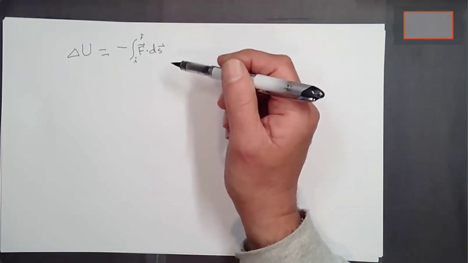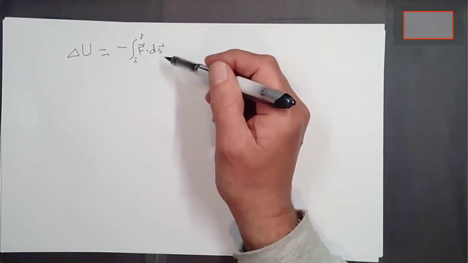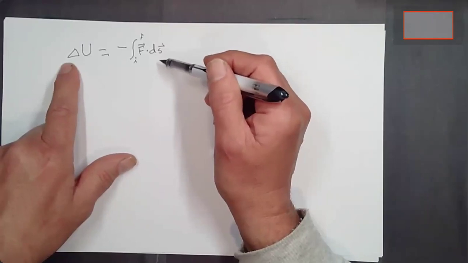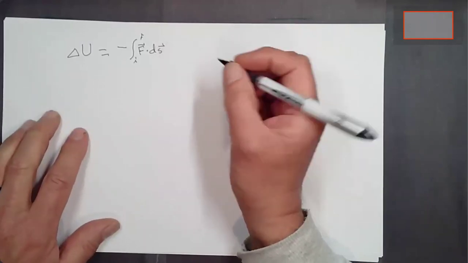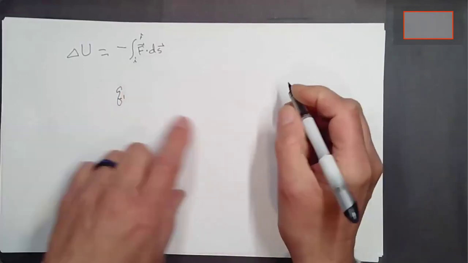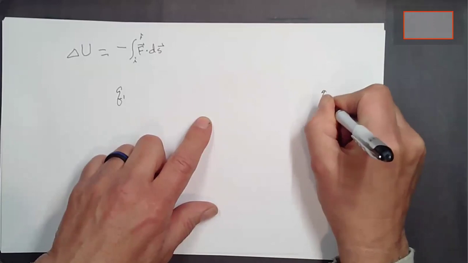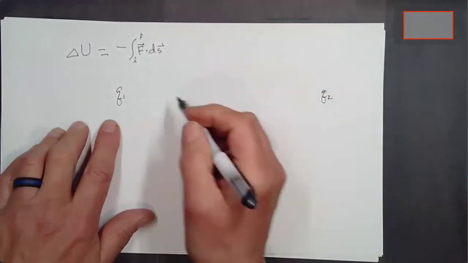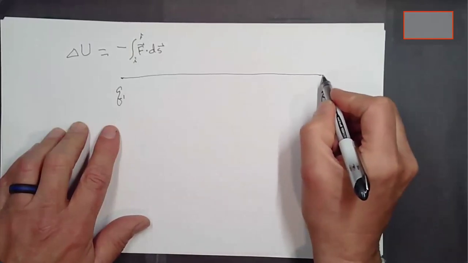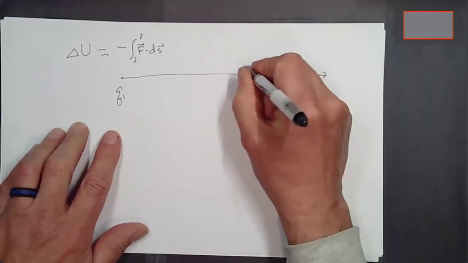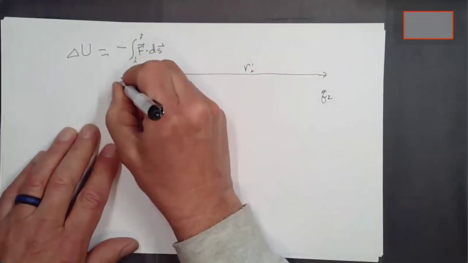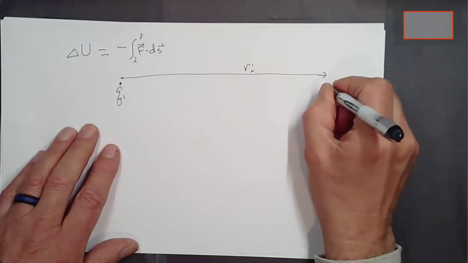One of the first things we'll look at is the change in potential energy for bringing two charges close together. And let's just suppose that we have a charge Q1 sitting over here and a charge Q2 sitting over here. And initially, they're separated by some distance, which we can call R initial, and I'll make dots for the two particles.